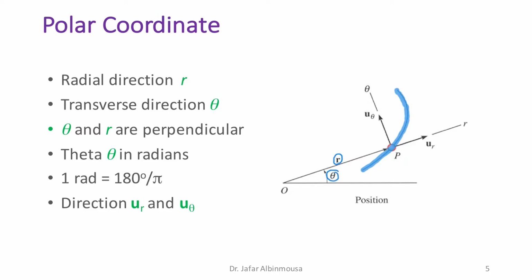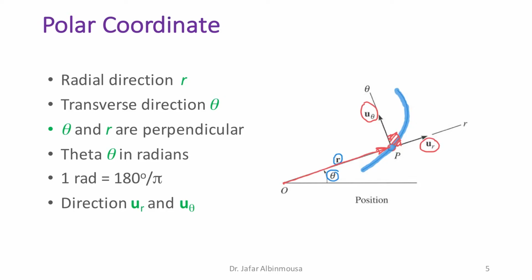Now, the line which is going from an origin pointing toward the particle is basically the radial direction, which is represented by a unit vector ur. Now, once we define the radial direction, all we need to do is to construct a line perpendicular to it, which is going to help us construct the transverse direction.